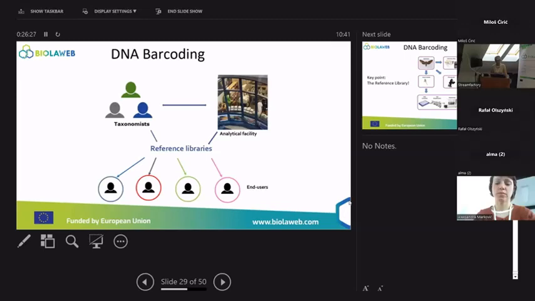And this collaboration between taxonomists and molecular biologists is very important for a key point of this DNA barcoding methodology, which is the reference libraries, because end users will use these libraries to identify sequences that they may get.